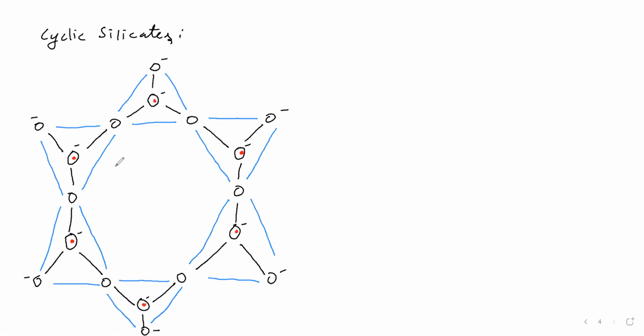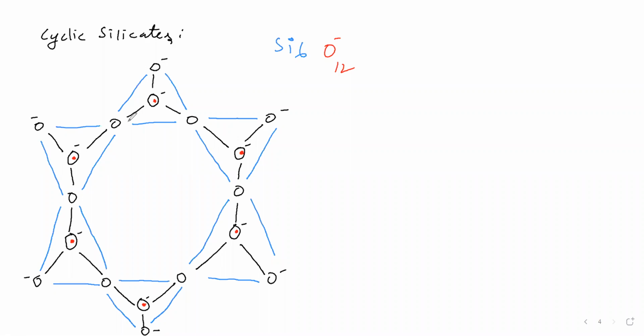For this cyclic silicate, what is the formula? We will see. Totally 6 silicon atoms are there. Therefore, Si6. Next, oxygen we will see. Oxygens with minus 1: 1, 2, 3, 4, 5, 6, 7, 8, 9, 10, 11, 12. The oxygen which is having minus 1 is 12.